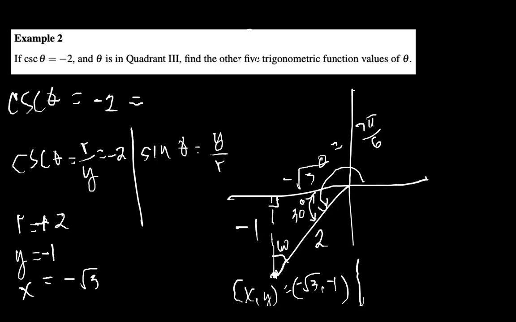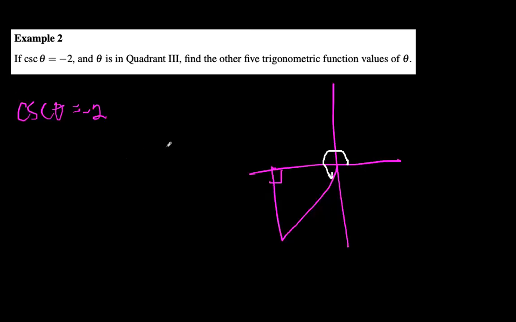Yes, guys? Now, sir, is there another way around? Okay, there is. How do you do it? Didn't we say that the inverse of cosecant is sine? Therefore, cosecant is equal to 1 over sine, which is equal to negative 2. Correct?